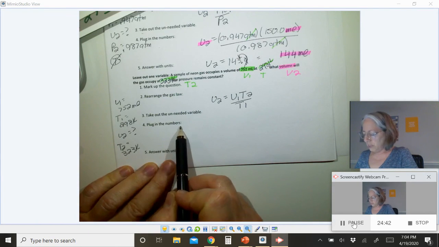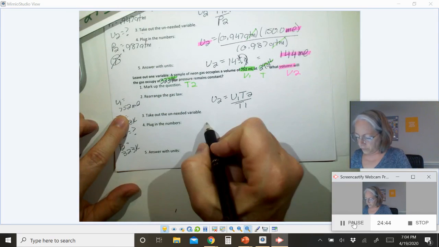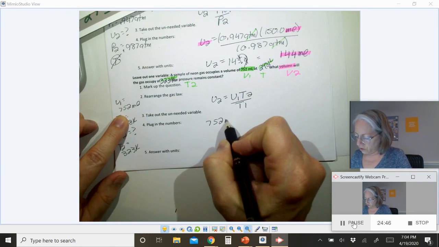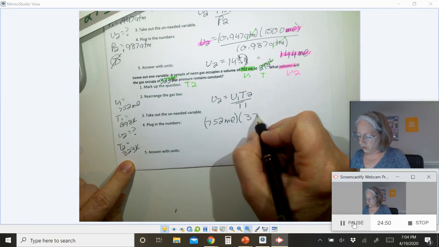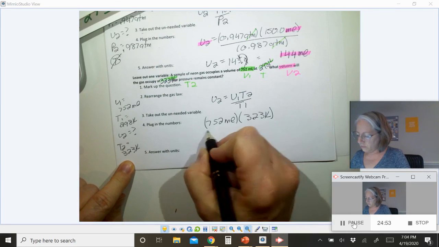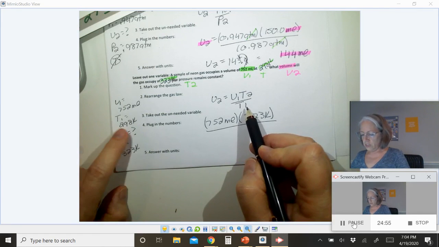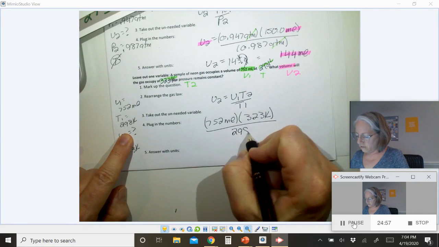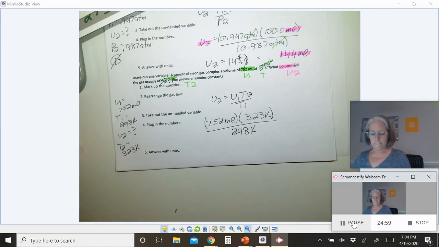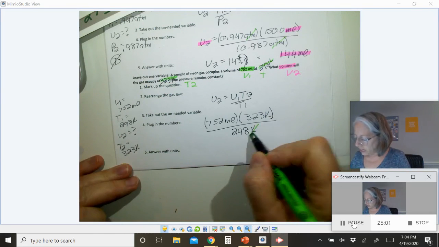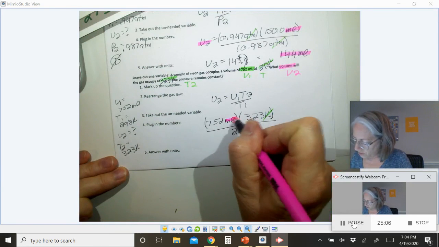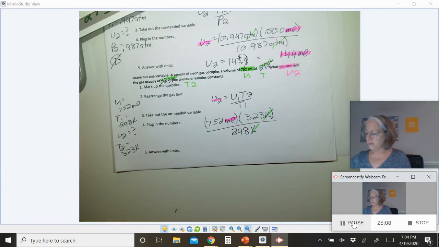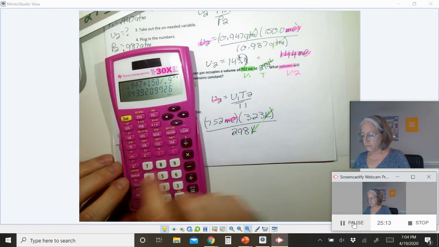Next step, plug in the numbers. V1, 752 milliliters. T2, 323 Kelvin. All over T1, 298 Kelvin. The 2 kelvins cancel, so we have milliliters left. That's our unit for volume, so we know we've set it up the right way. Now we're going to plug everything into the calculator.